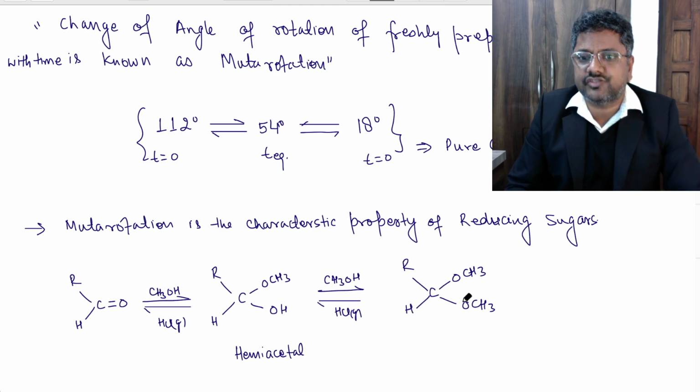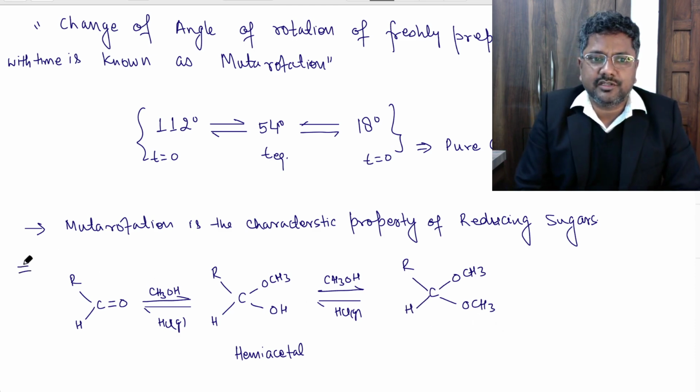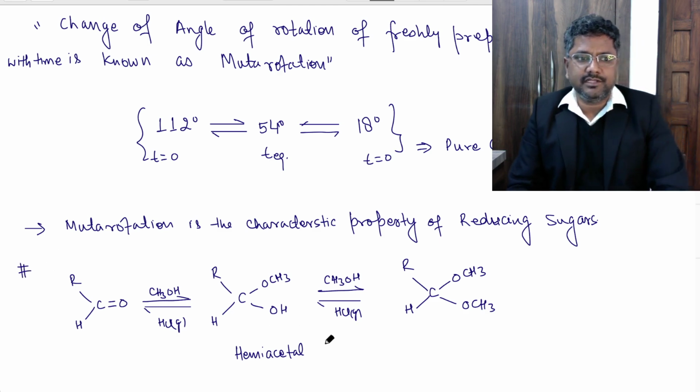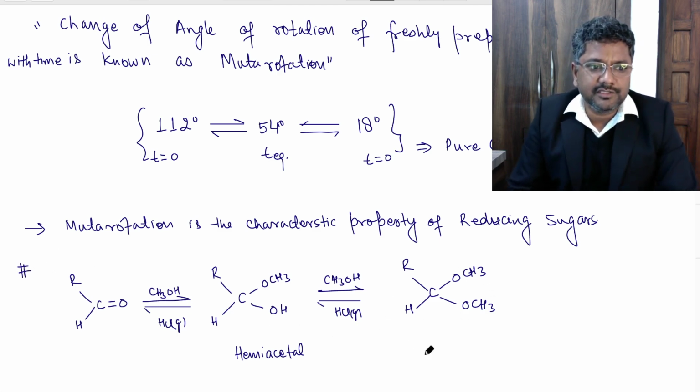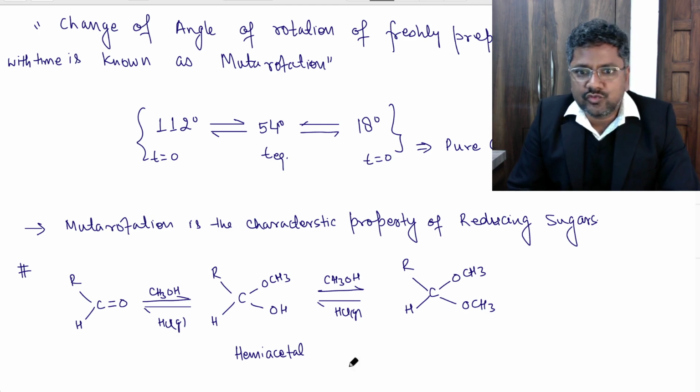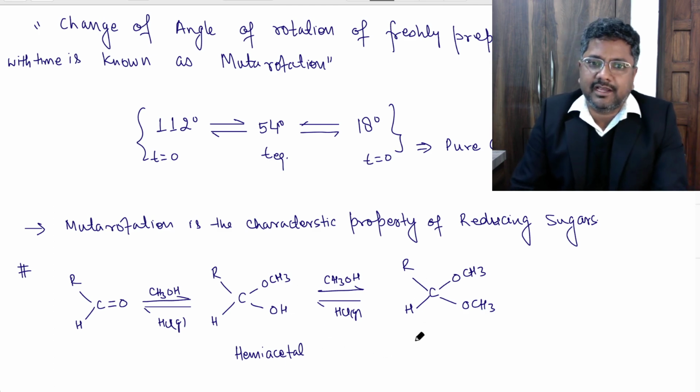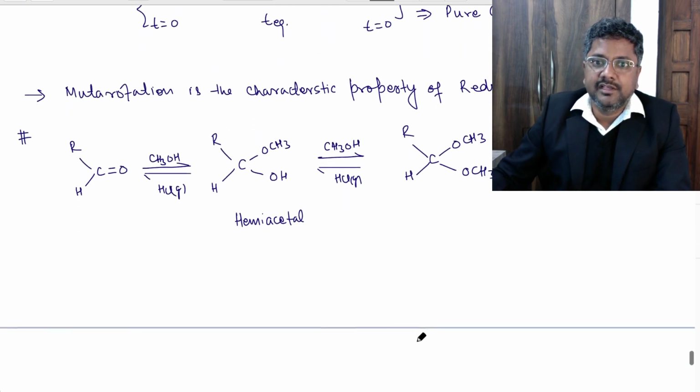R and H. So this is the simple reaction all of you know, right? This is acetal. So 2 moles of alcohol, methyl alcohol, are required to form acetal from aldehyde or from ketone, right?